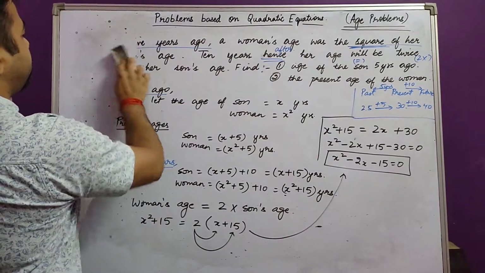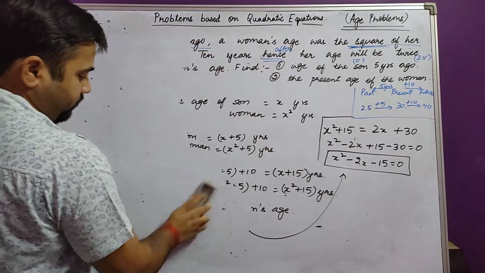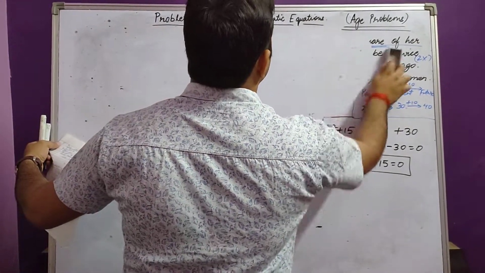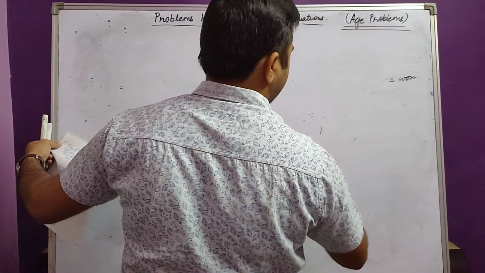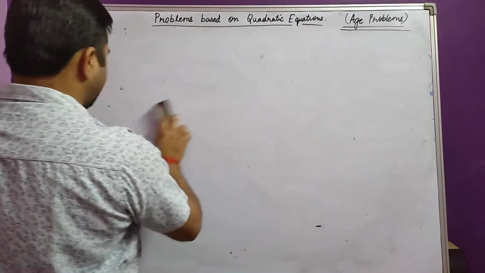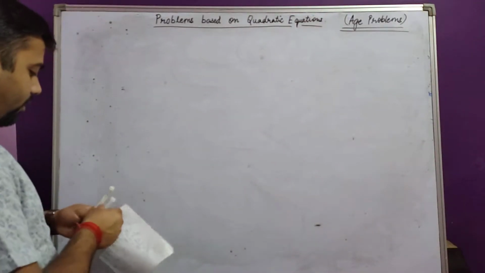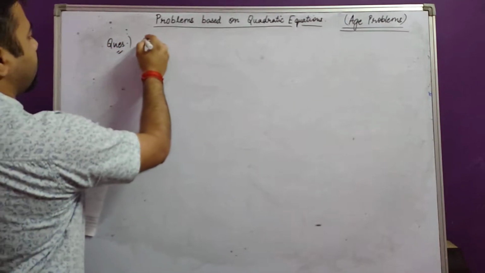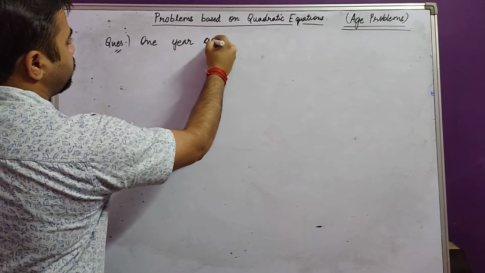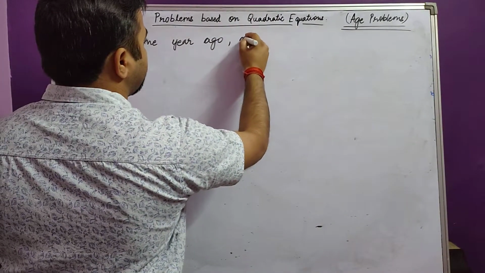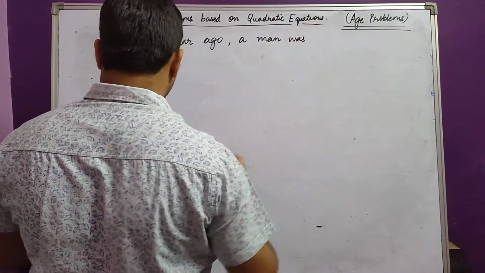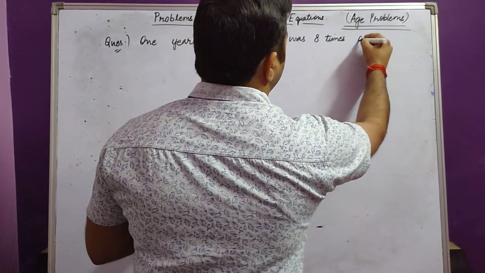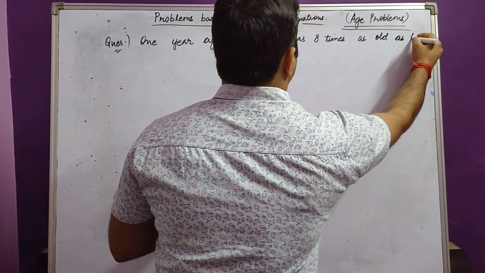Question dealing with the ages problem. The question says 1 year ago, a man was 8 times as old as his son.